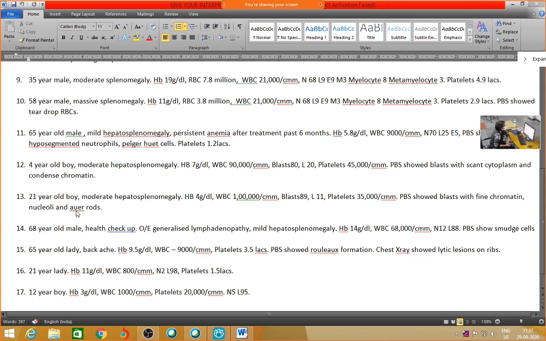So when we do flow cytometry, we just want to know whether this acute myeloid leukemia is M3 or whether it is non-M3. It doesn't really matter if we say it is erythroblast or whether it's megakaryoblast, okay? It doesn't really matter.